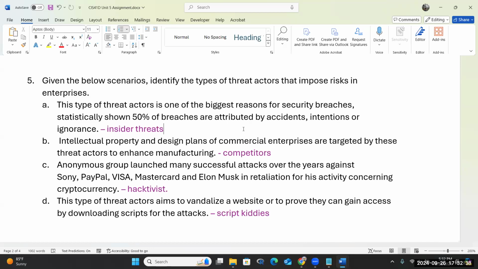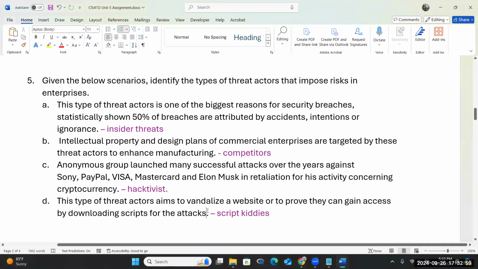And then for D, this type of threat actor aims to vandalize a website or to prove they can gain access by downloading scripts for the attack. And when they use scripts, sometimes they don't know the consequences of their attacks or how the attack can impact the larger infrastructure.